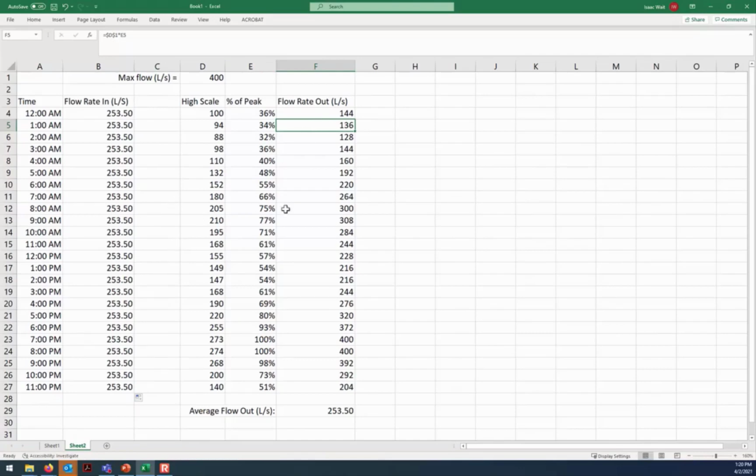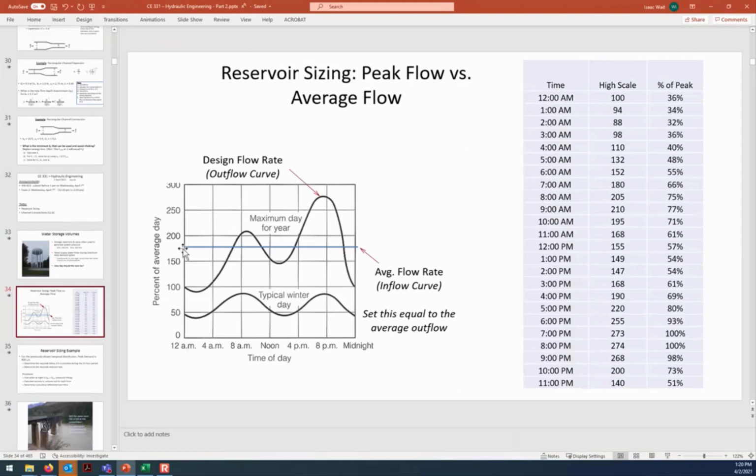But think about what's happening at 8 a.m. No, even at 7 a.m. there's more flow out than in. So at 7 o'clock it's going through a transition where the tank begins emptying because there's more flow out than in. Anytime this curve is above the line, the tank is draining. And anytime this curve is below the line, the tank is filling. Okay?